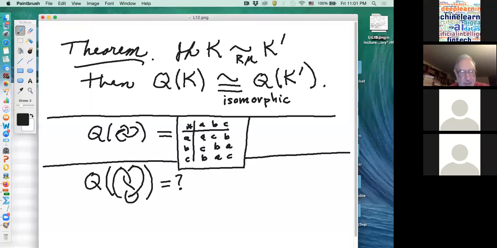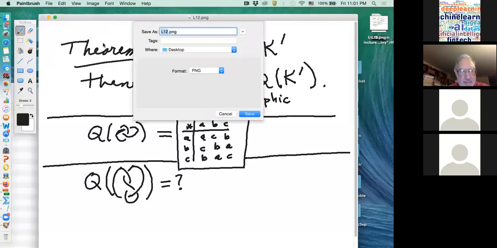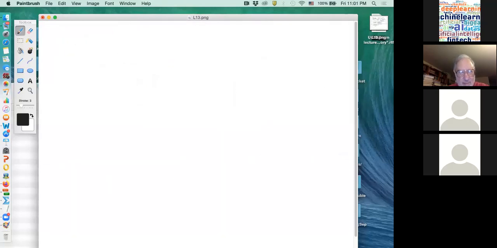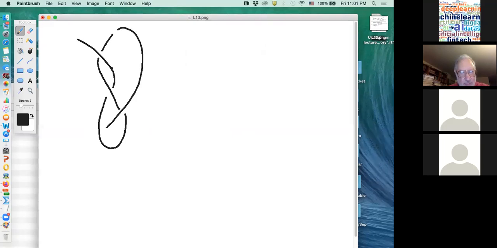We're just going to write down the relations and see what we can say about the quandle of this knot.